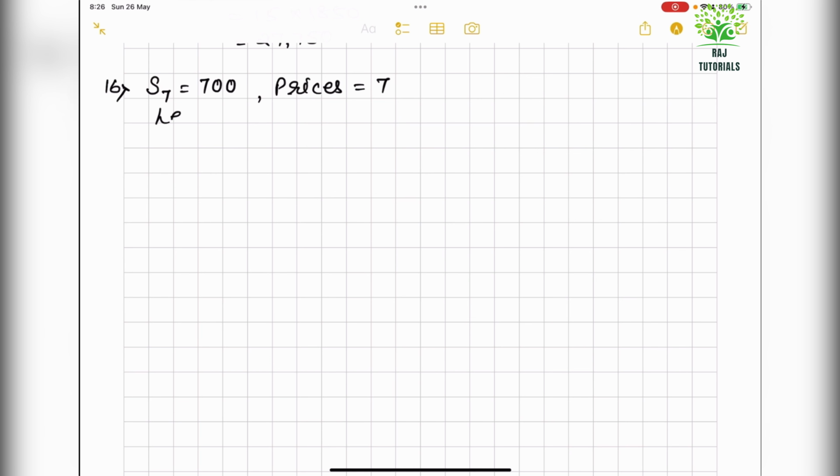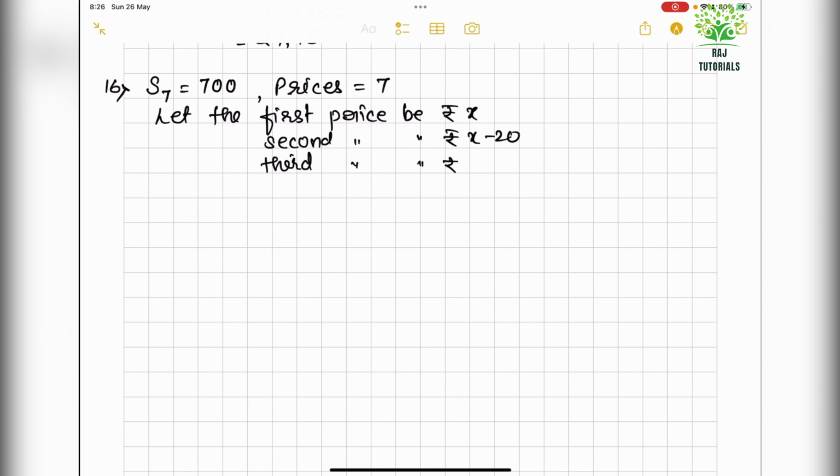So let the first prize be rupees X. The second prize will be rupees X minus 20. Third prize will be rupees X minus 40. So like this it will go. So I can say A equal to X, D equal to minus 20, and S7 is 700.